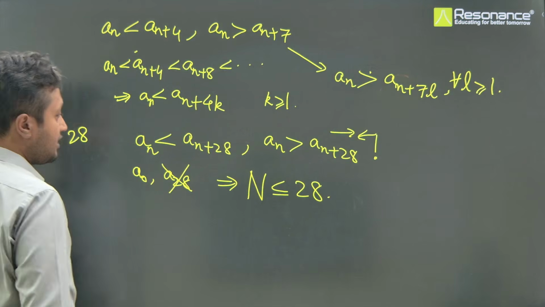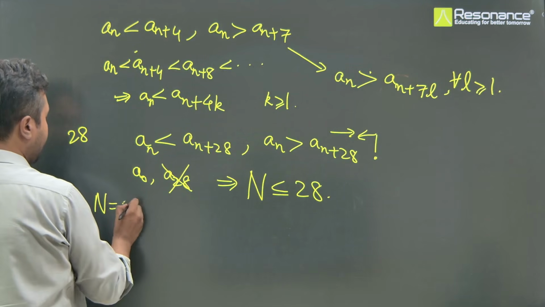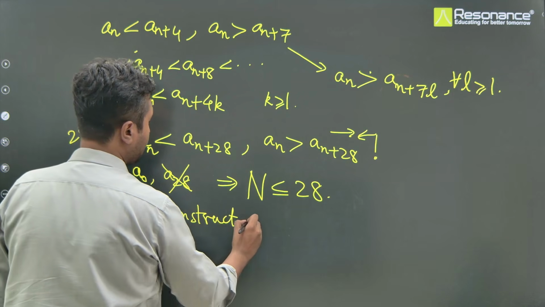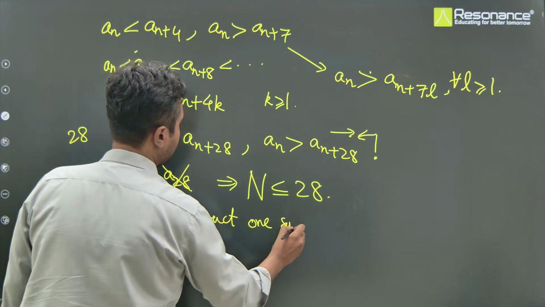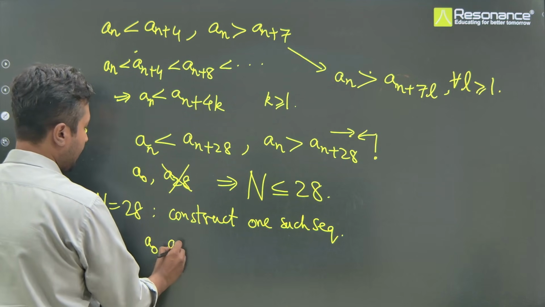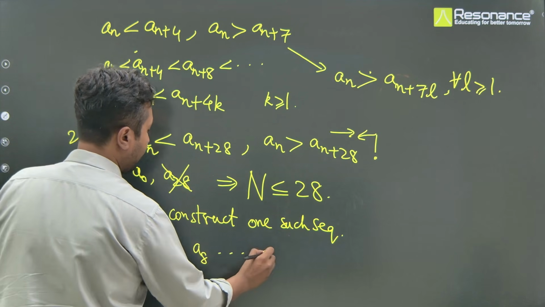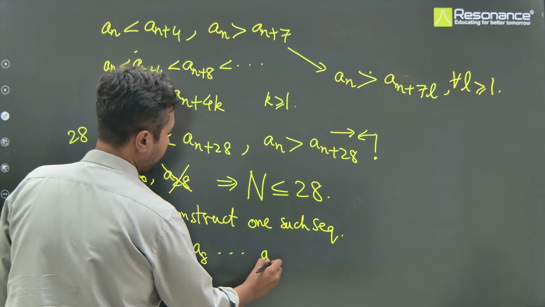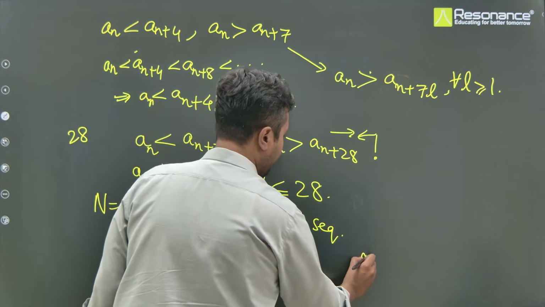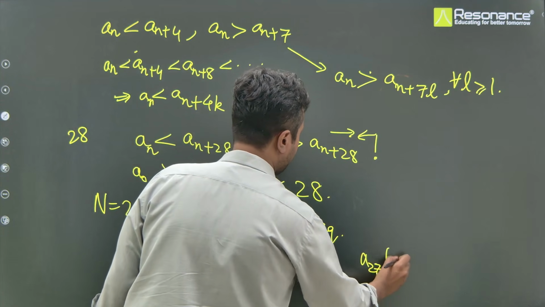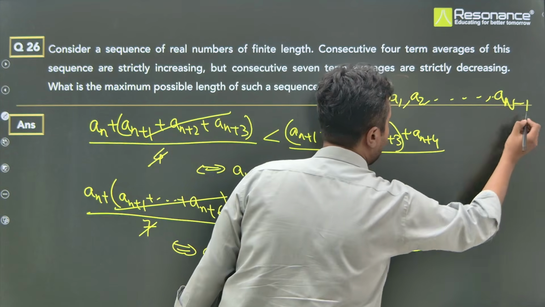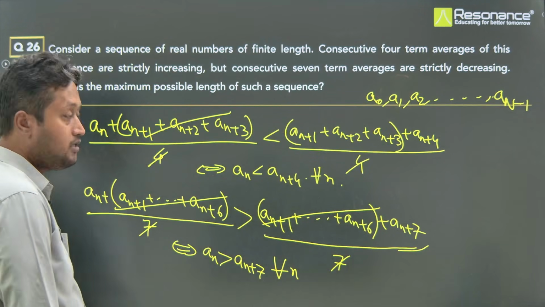And it turns out you can actually construct one when n equals 28, just to demonstrate that it's possible. You would just do a_0, a_4, a_8, maybe I'll just briefly give you the idea, up to a_24. There won't be a_28 because a_27 is the last term. By the way, if I'm calling that n, then maybe I should write n minus 1 over here because I'm starting my index from 0.